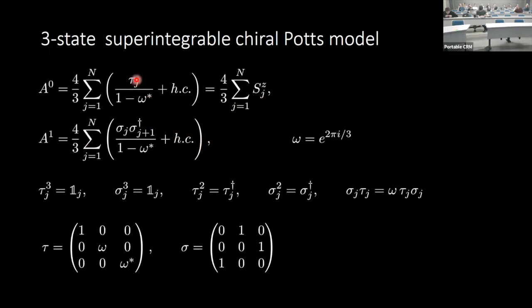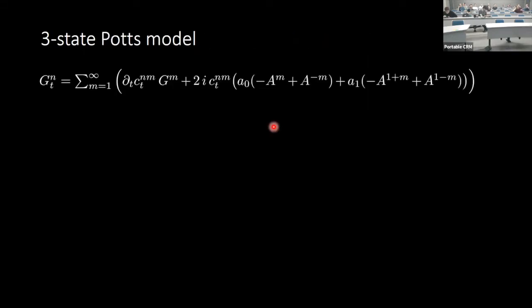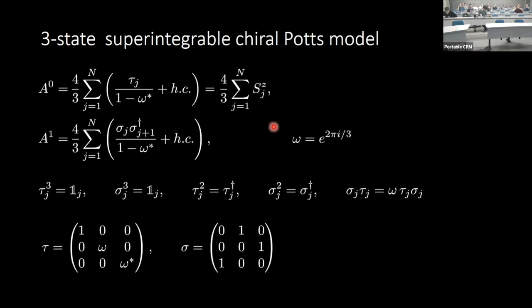The single-site operators tau and sigma can be written in some ways, and the defining algebraic relations for them are written here. This number w is just a definition. I haven't written the Hamiltonian, but it is again a linear combination of A0 and A1.